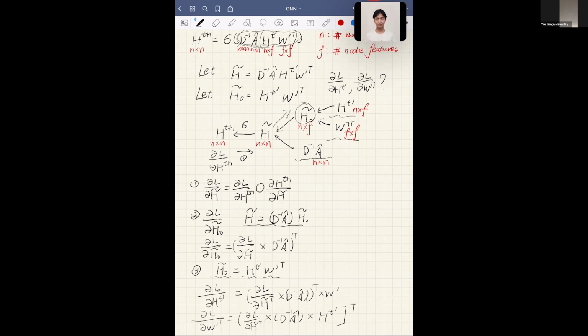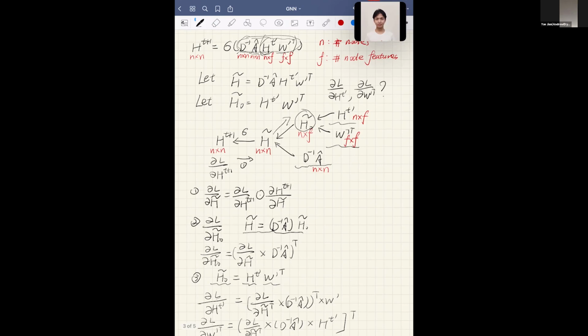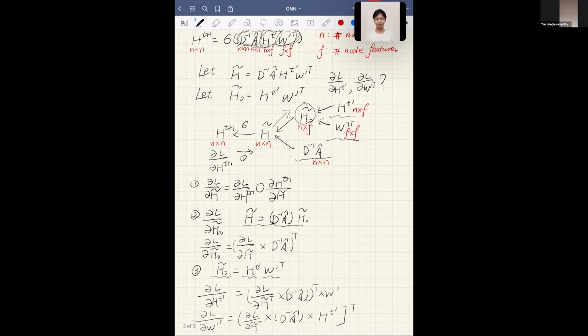So basically, the GCN backwards is just first constructing the computational graph and then using the basic matrix derivatives to do the backward propagation. The most important thing is we're only interested in the derivative of these two terms, and this matrix will be treated as a constant. And this is the GCN backwards. So does anyone have questions about this part?